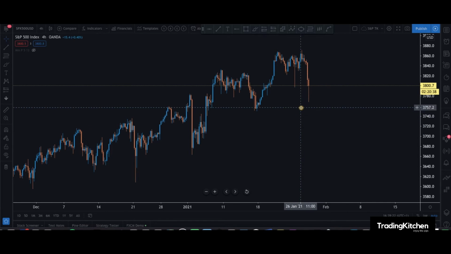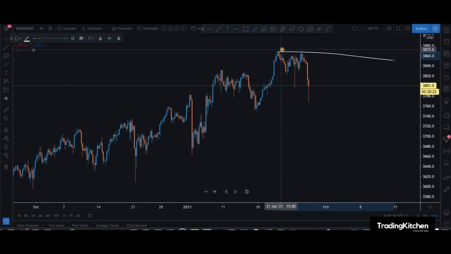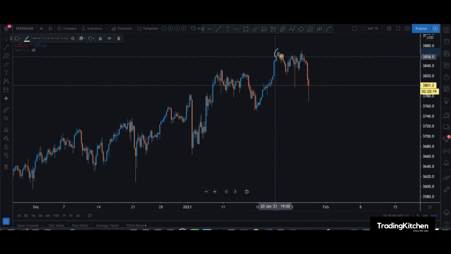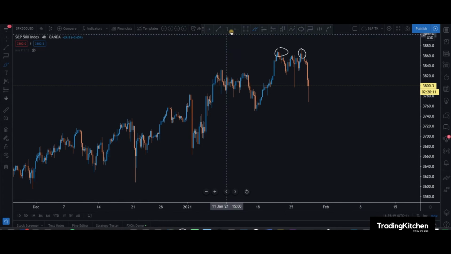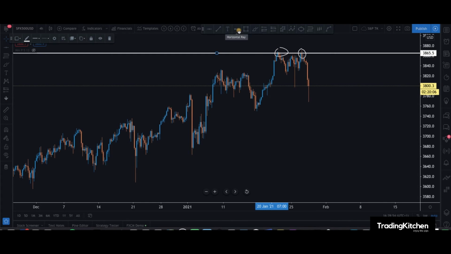Same thing in the case of double top and double bottom. I will be quick because, as I repeat, you will find these things on the internet. But double top, for example: one top, two top. This is a resistance. This is a neckline.